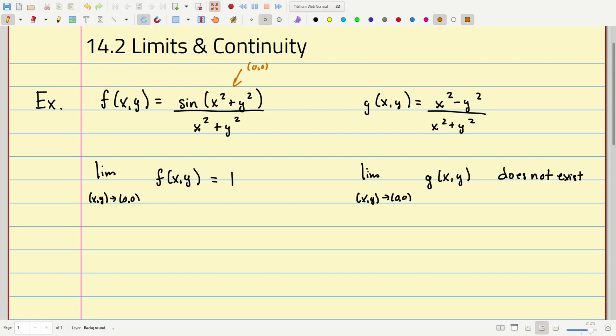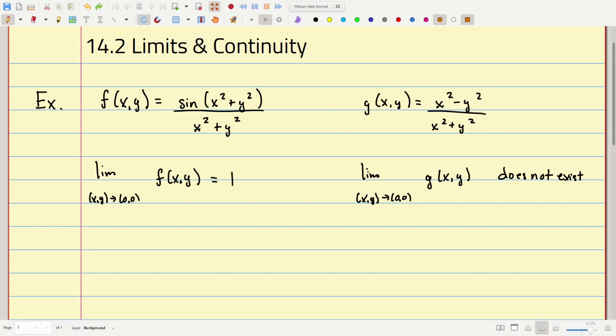The rules for that were the same when we were dealing with one-dimensional functions. You're only allowed to plug in the point if you know that the function's continuous, so in the cases of polynomials or things like that. We're going to inherit some of those properties where if the surface is continuous, then we can just evaluate it at the particular value. But we learned that this surface is not continuous.